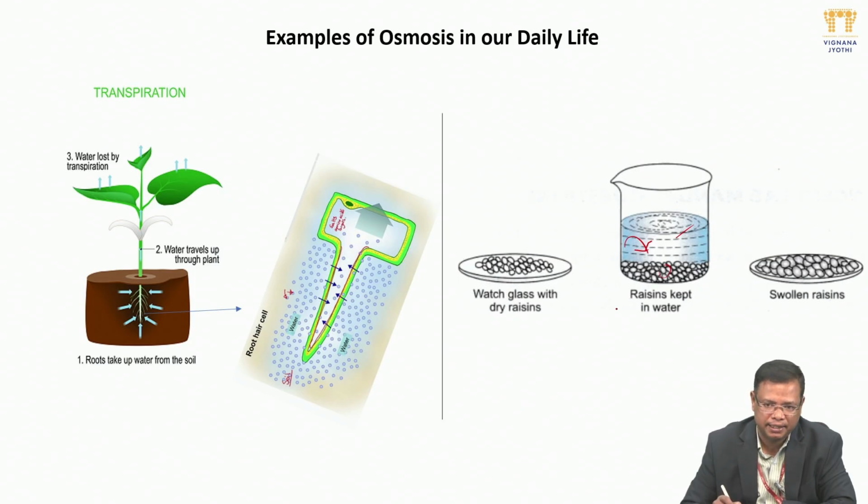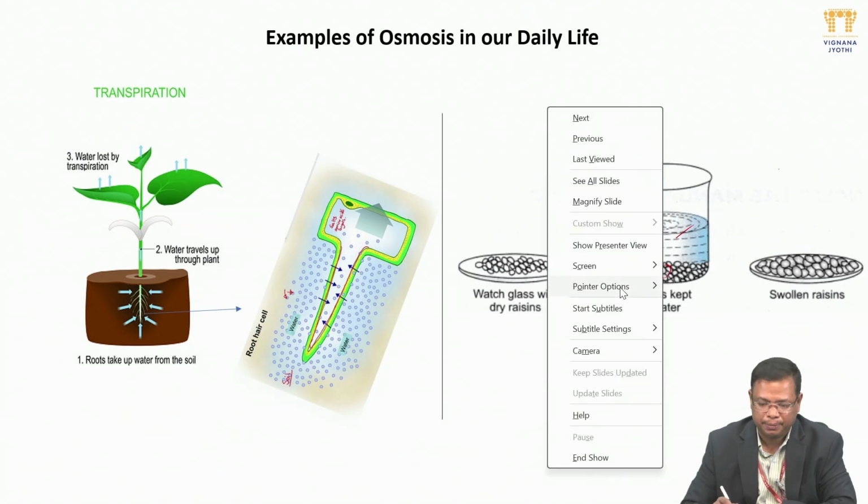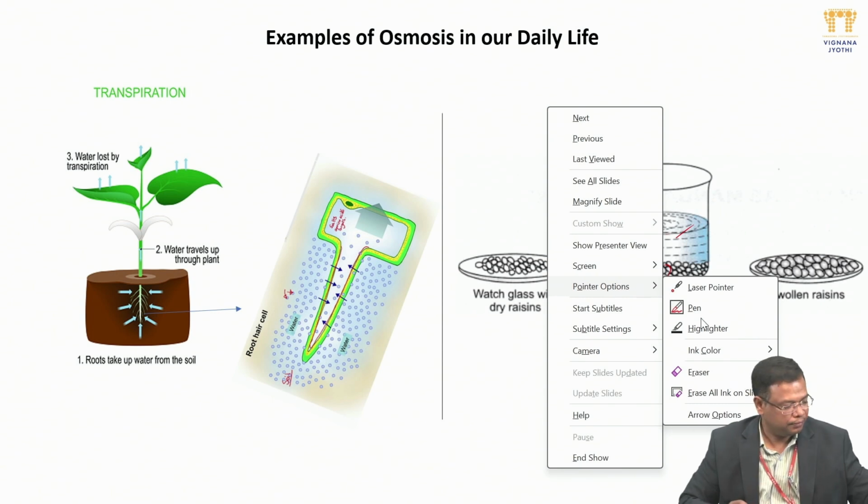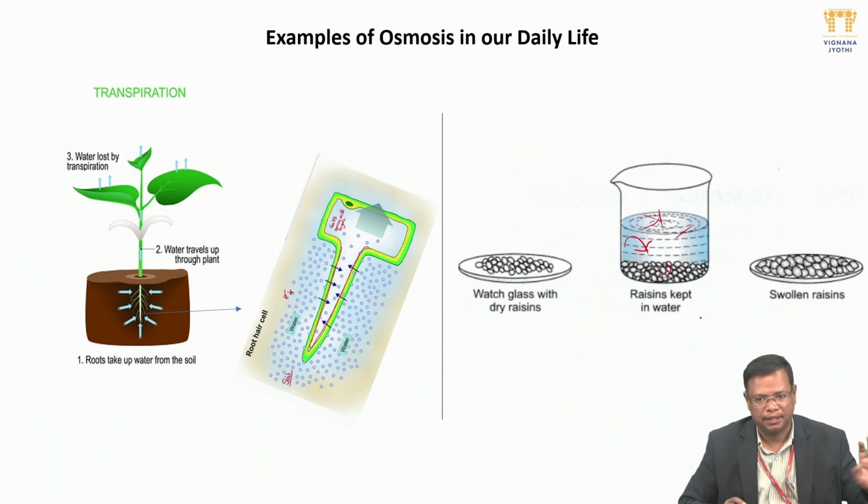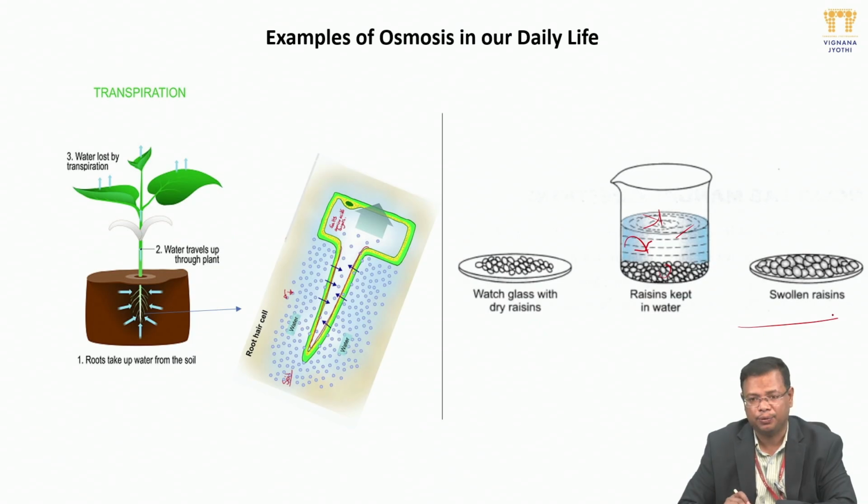Because inside the raisin there are very rich sugar molecules, carbohydrates. They are always very concentrated inside. So the concentrated side always seeks the water as per the osmosis process. Then after some time the raisins will be swollen. You can see the swollen raisins here. These are the daily life examples of osmosis.